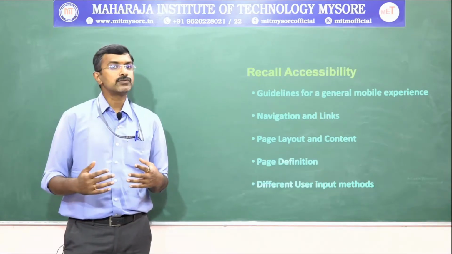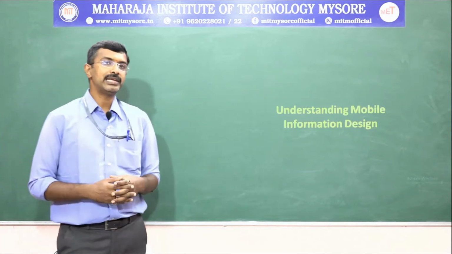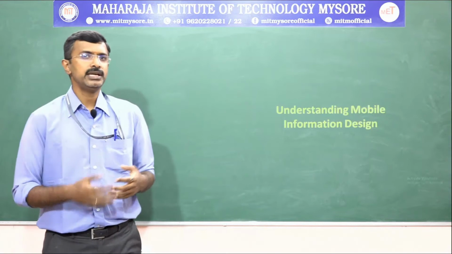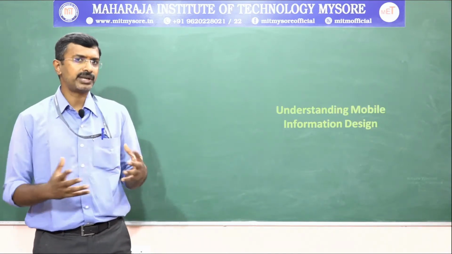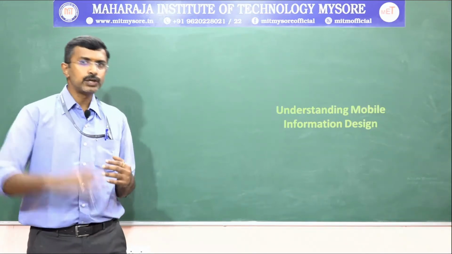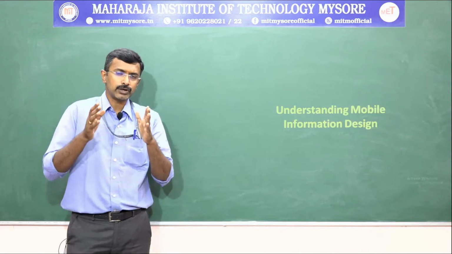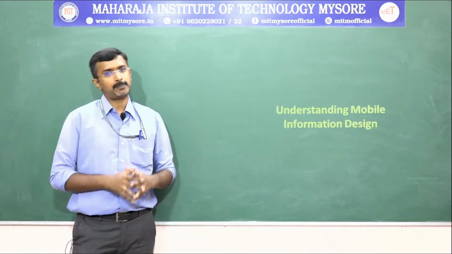In today's class, we'll be giving more importance to mobile information design. What is information? Information is a purified form of data, where raw data is converted into information. So today, what aspects should we consider while designing a mobile application?